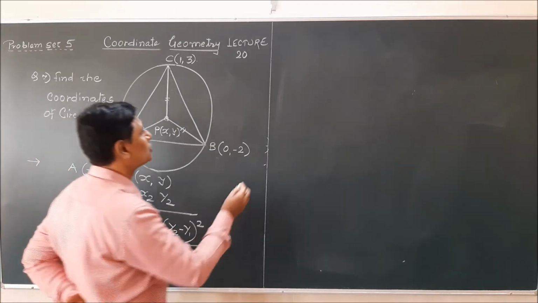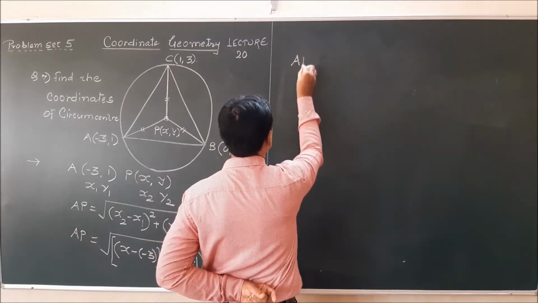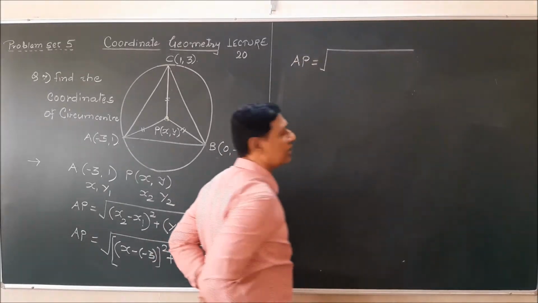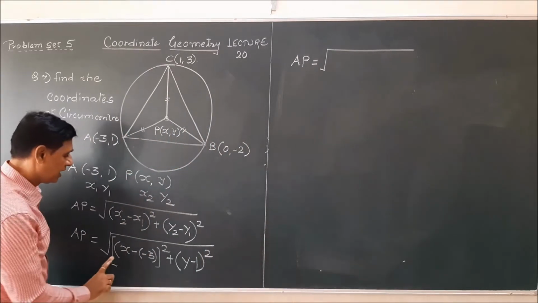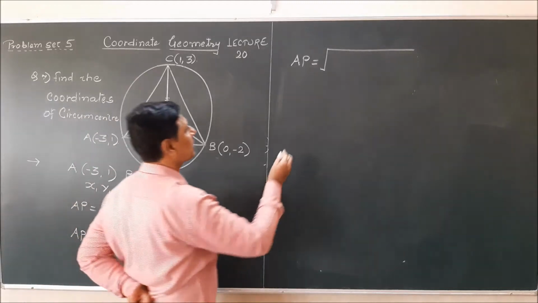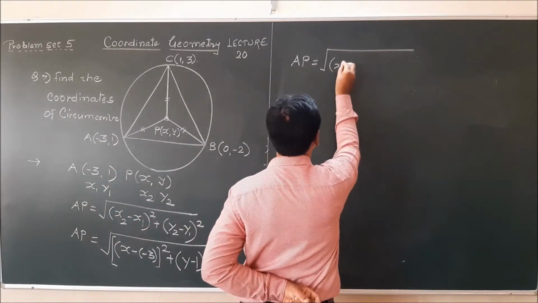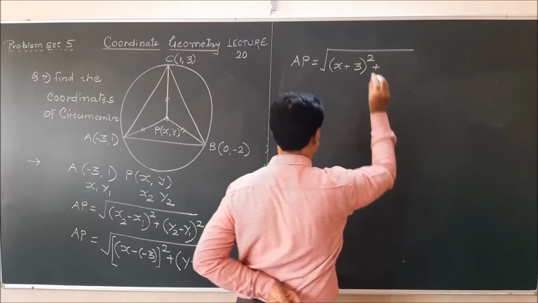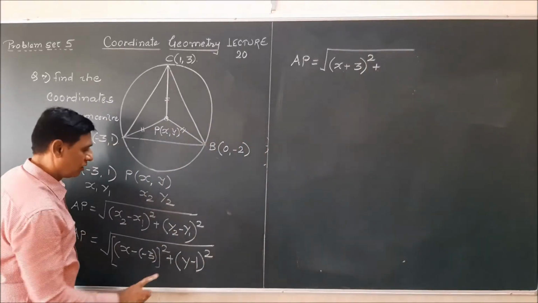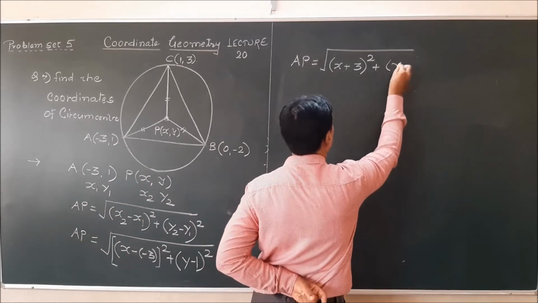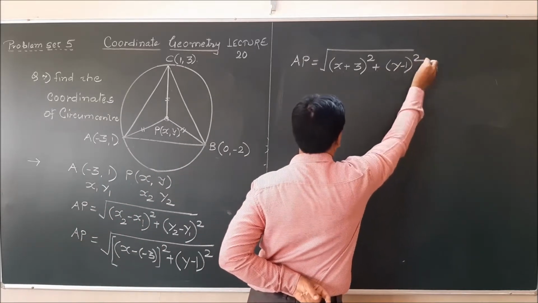So AP is equal to root of x, minus into minus makes it plus, so x plus 3 the whole square plus y minus 1 the whole square.